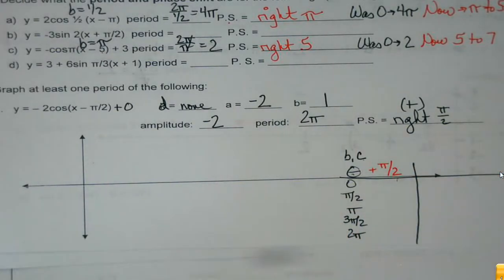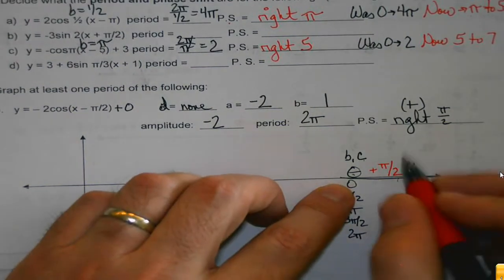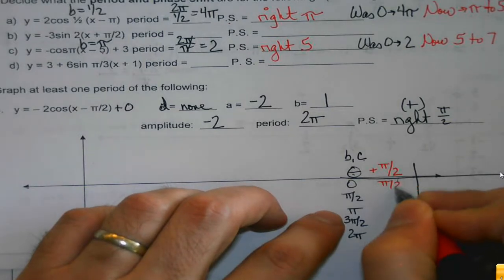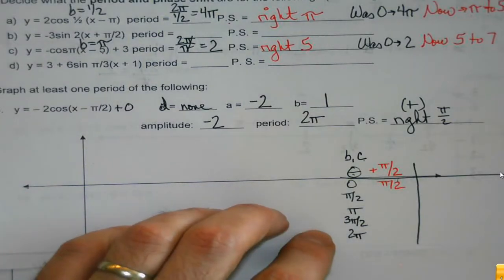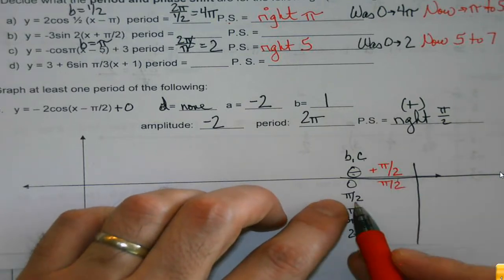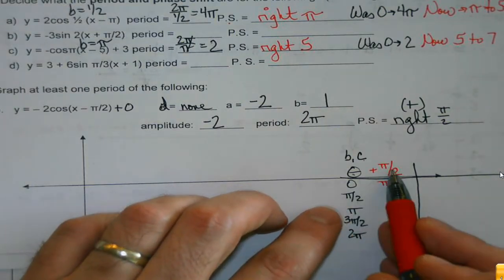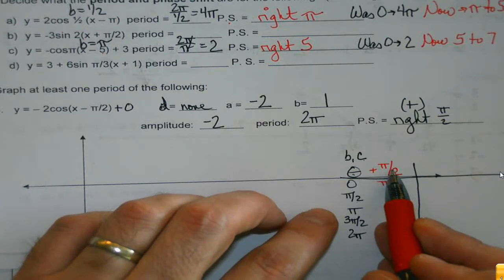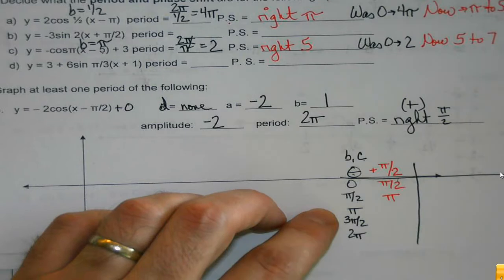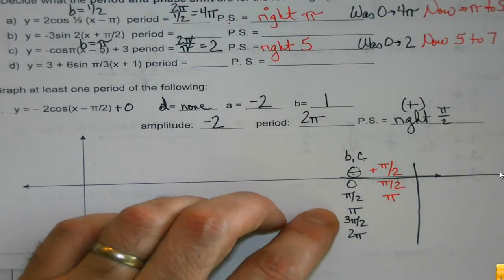I'm going to be adding pi over 2 to all of these. So every one of these, so 0 plus pi over 2 is pi over 2. Common denominator, that's awesome. Pi over 2 and pi over 2 would be 2 pi over 2, which is pi.